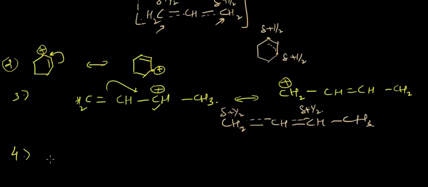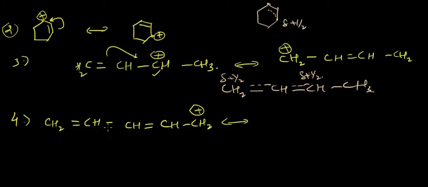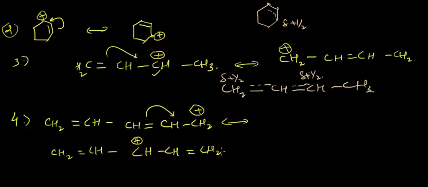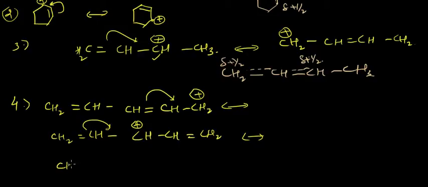Okay, let's look at the fourth example, where we have something like this, and a positive charge here. What will happen is, first this can come here, so we can have something like this, with a positive charge on this carbon atom as a result. Now this can come here, so again we can have a positive charge on this carbon atom.